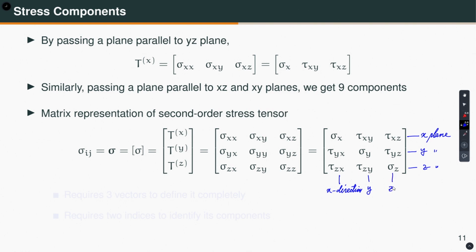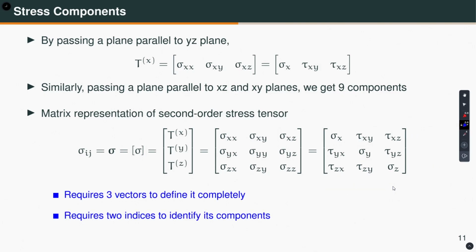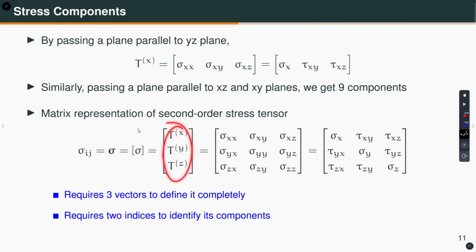So, what do you see? To define the state of stress at a point, you need 9 stress components, or you need 3 vectors Tx, Ty and Tz. And we require 2 indices to identify each component. The first index is for the plane and the second index is for the direction in which it is acting.